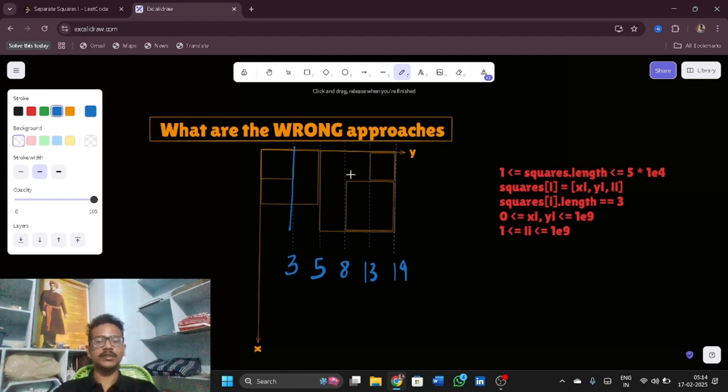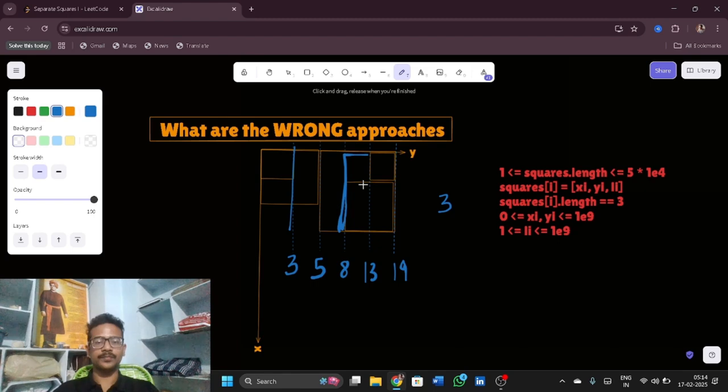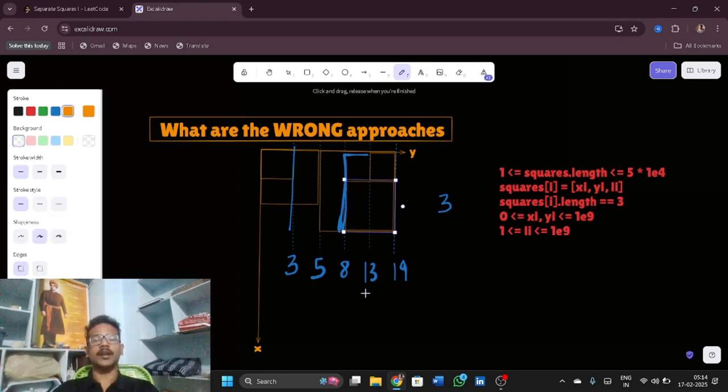Then I add the rectangle's area 3 firstly, and then another square here, so 2 into 1, 2. So 3 plus 2 is 5. If I add 5 to 8, it is 13.